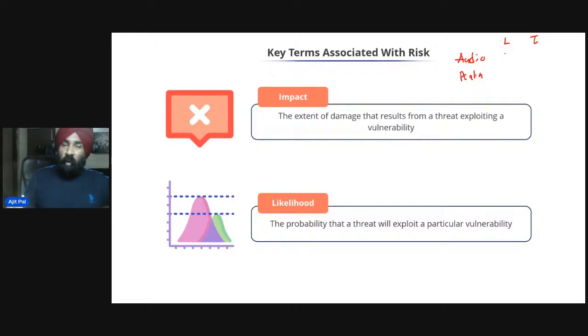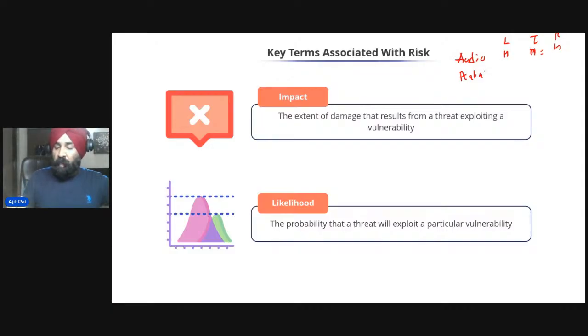The audio gear was 2 years old, so the chance of it going down was high, and the impact was also very high. Risk is always the product of likelihood into impact, so the risk was high in this case.